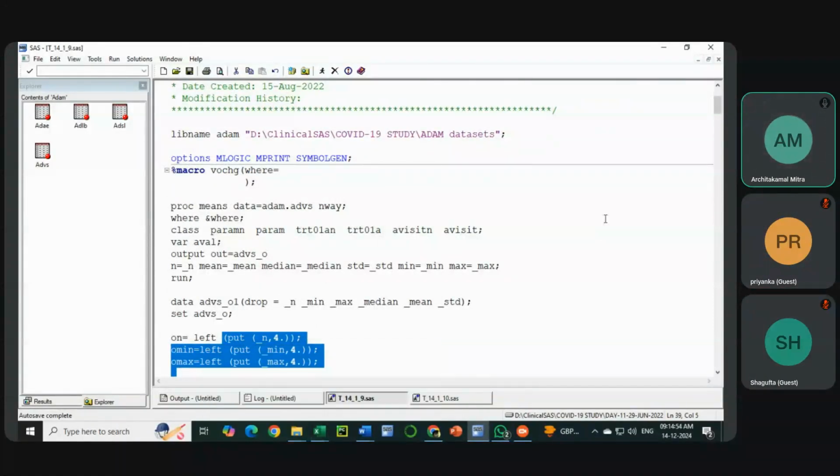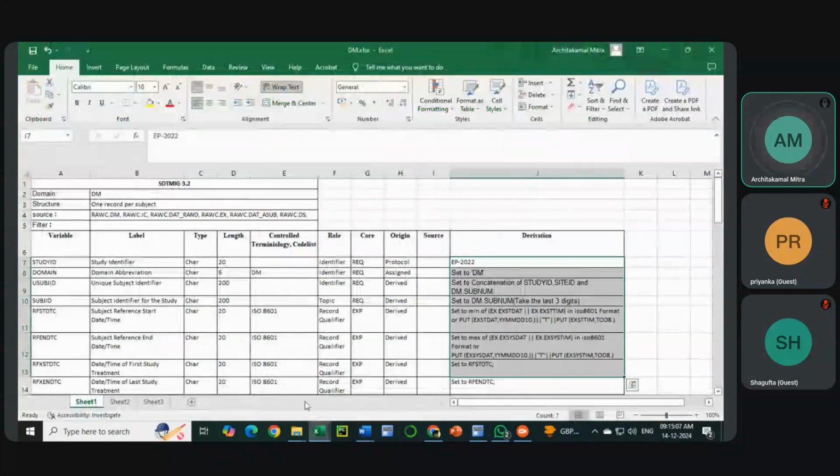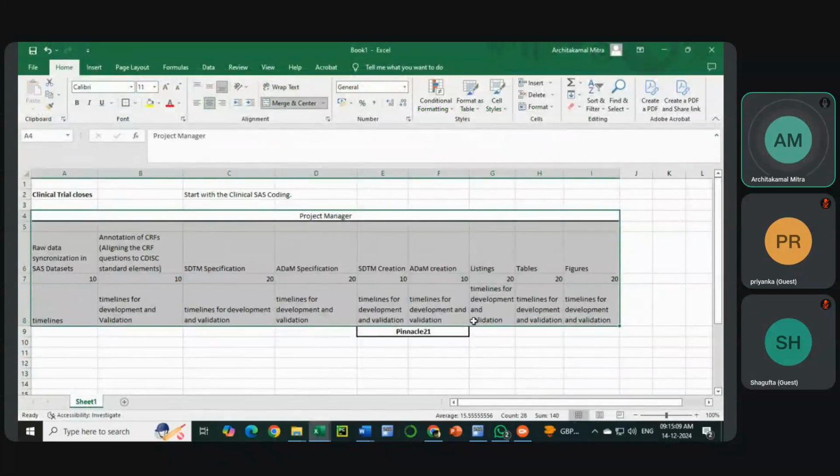That's what I'm focusing on. That's why when we started the course, I showed you the entire clinical trial workflow, what we are doing, what not, how we will be doing it, what clinical trials are, before clinical SAS, what the processes are. This is the project. This is the pro forma. This will help.